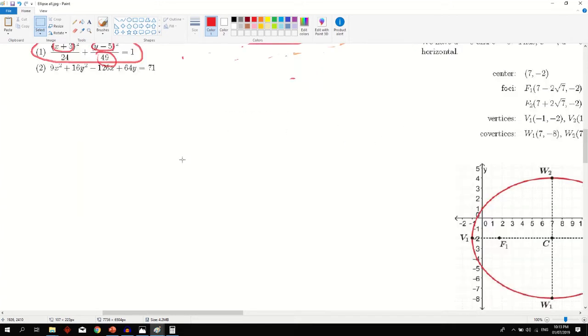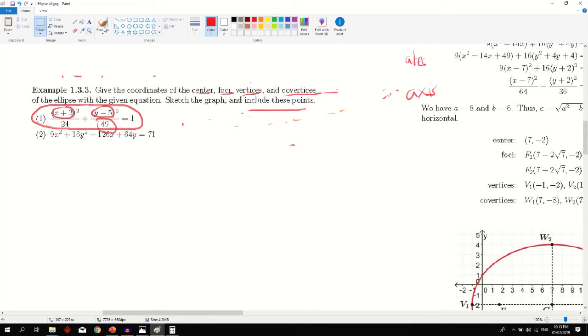Okay, so in example number 2, as you can see here, it's different, right? It's a general form. So general means that it is not easy to understand. So we need to change this into this one.